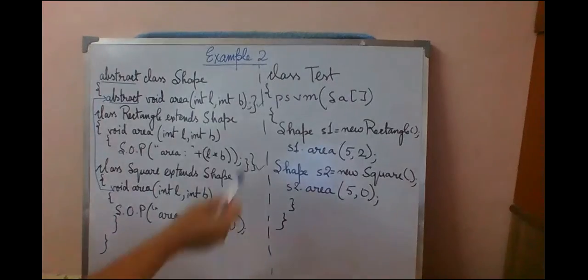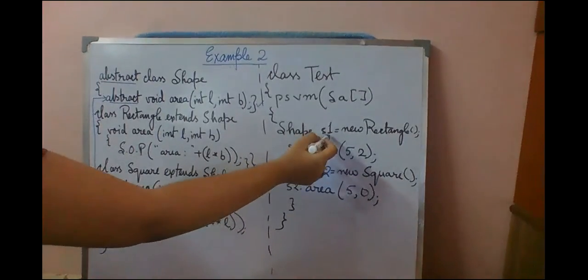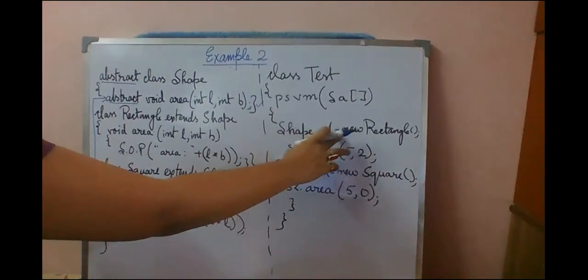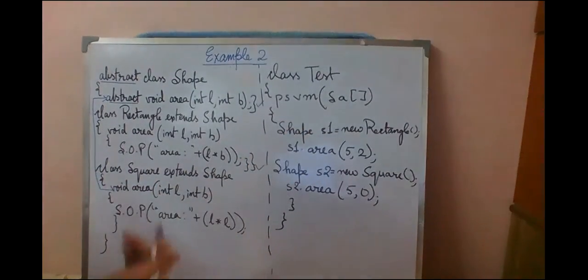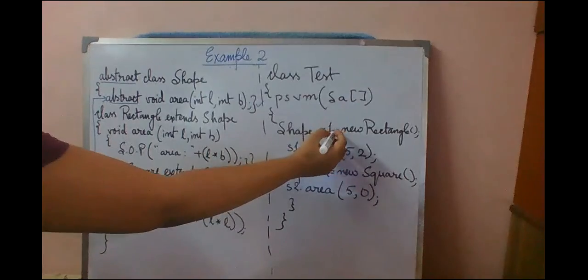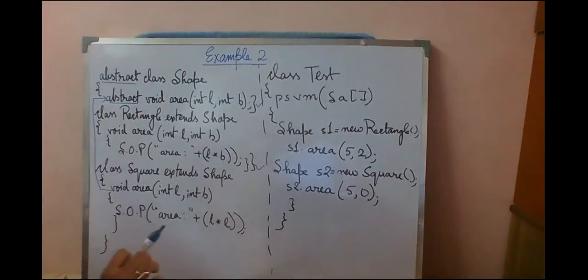Okay. Next, inside class Test, we have the public static void main, the main method. Again, what we are doing here: Shape S1. If we write only Shape S1 with a semicolon, what do we mean? Comment down below and tell me what we understand by that.